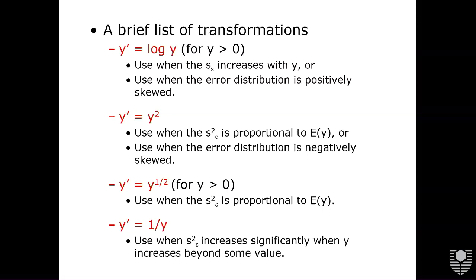Or they take the square power 2 for this y variable, or y power if it's greater than 0. So it depends, right? These are the changes they make to improve the usability of the variable itself, not the model, the variable as a y.